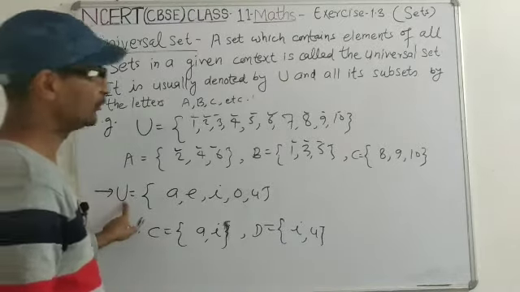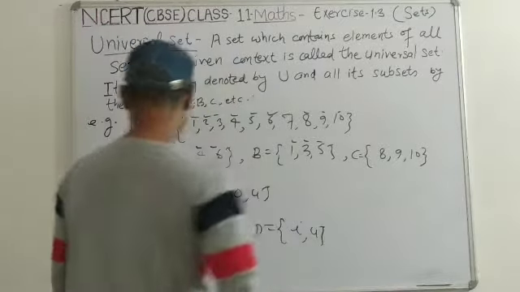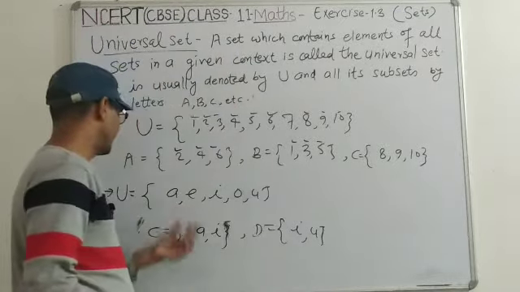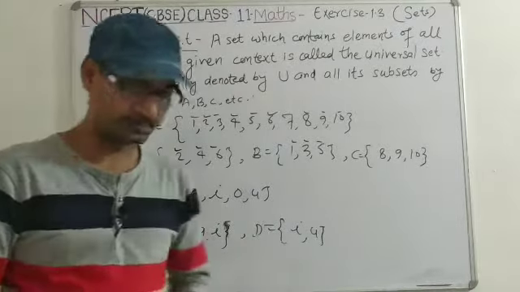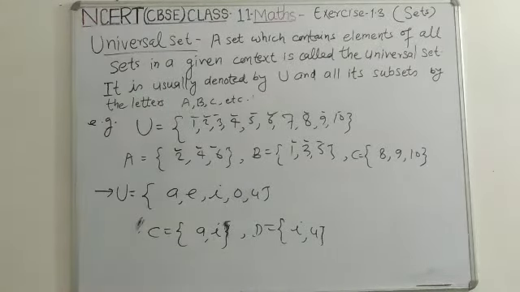It is the universal set, because all the elements of these two sets belong to the universal set. So these are the examples of the universal set.